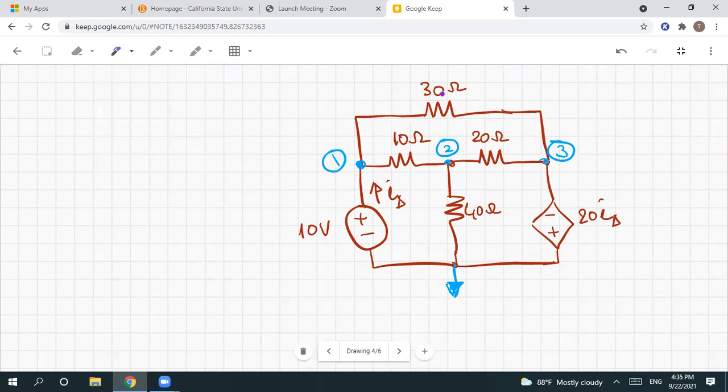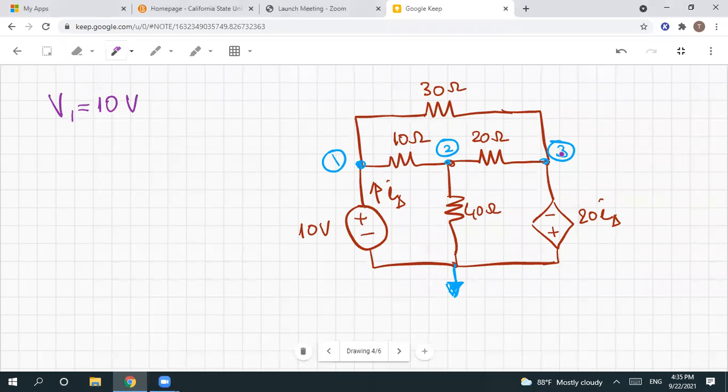I see in the chat box, it says V1 is equal to 10 volts because this is a reference. So V1 is 10 volts. So instead of having 3 equations with 3 unknowns, I already have 1 unknown solved. So I still have to discuss the other 2 unknowns.